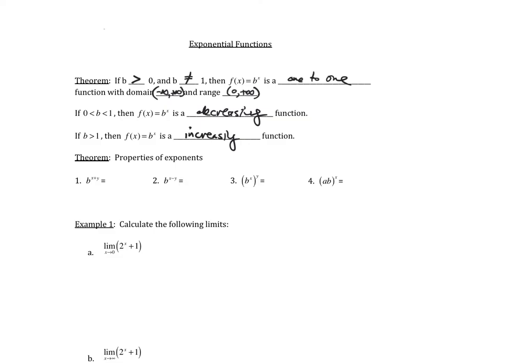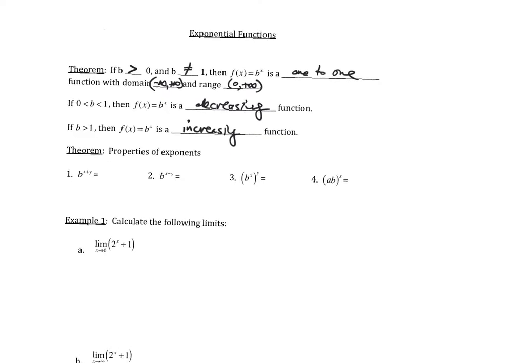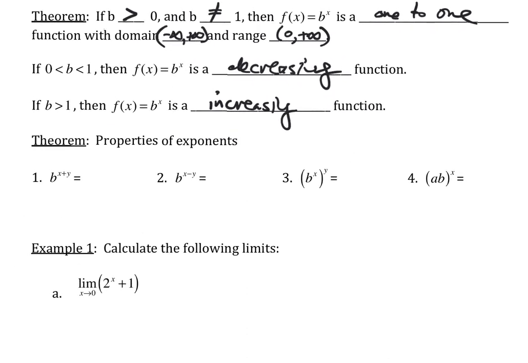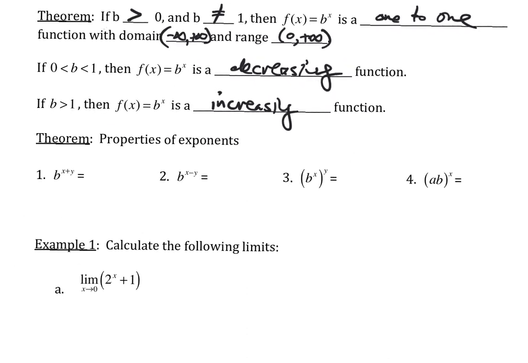Now, the next thing we want to look at is properties of the exponents. So let me zoom in here a little bit. These are going to be important when we study the laws of logarithms. So we really want to keep a close eye on this.